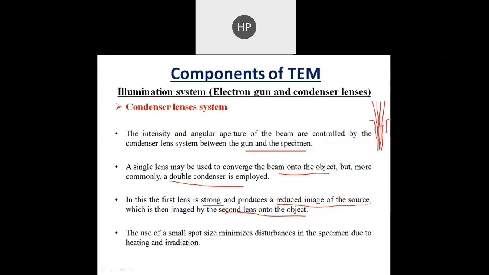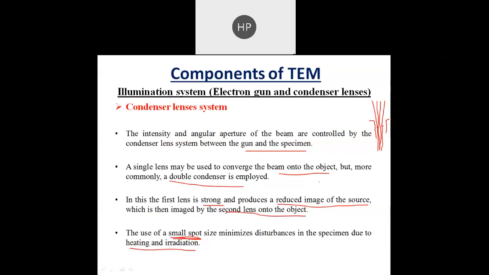The use of a small spot, okay, so that is important. The use of a small spot size minimizes disturbance in the specimen due to heating and radiation. Okay, and that's why it is important to produce a small spot.